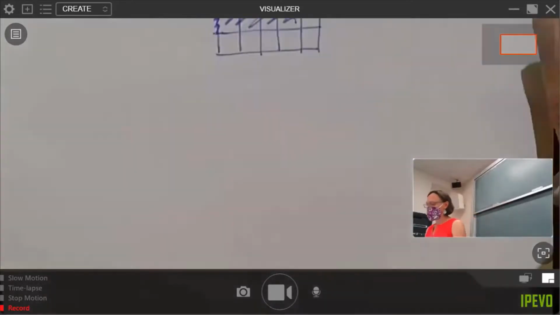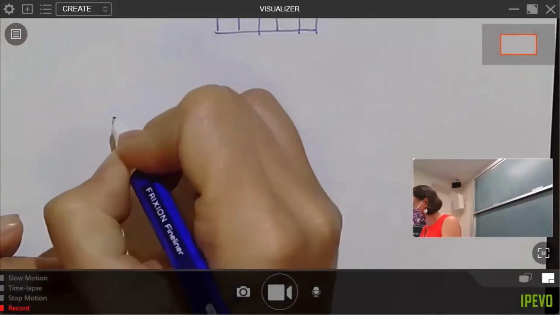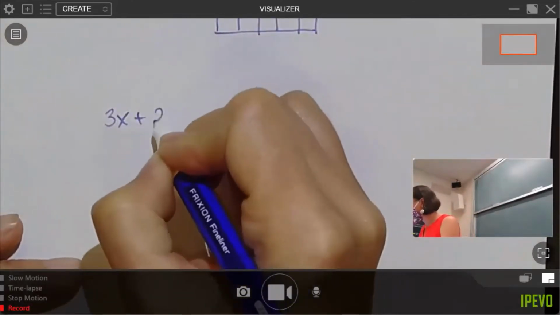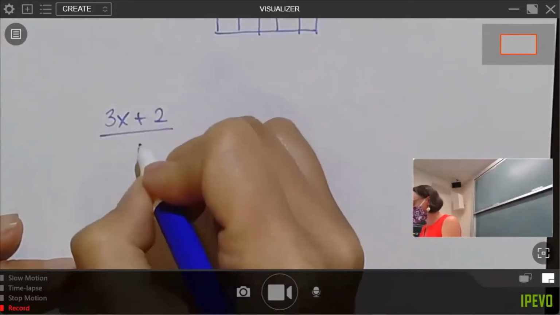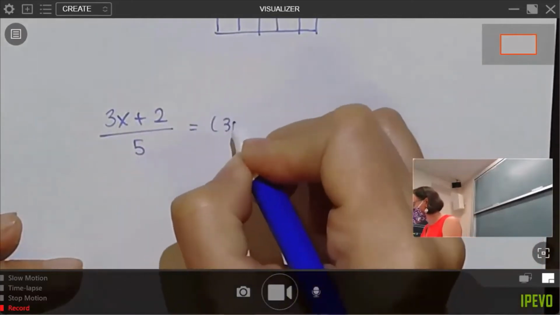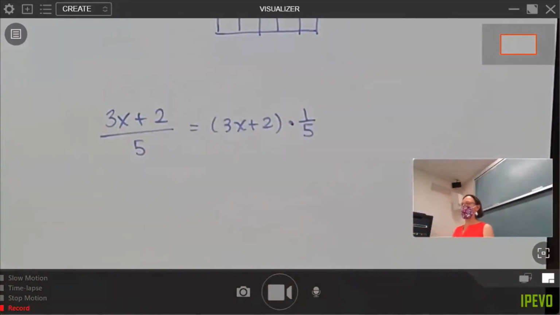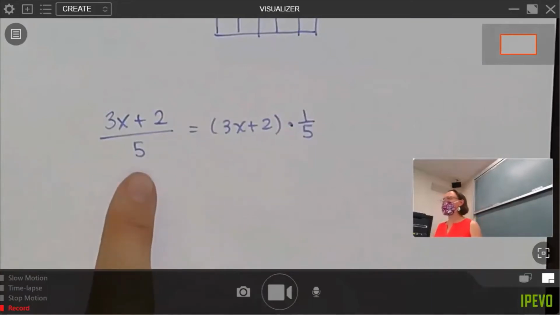So it even works if, let's say that I had 3x plus 2 divided by 5. I can think about this as saying 3x plus 2 times 1/5. So it's actually a really handy tool to have at our disposal that anytime I'm dividing by a whole number, I can switch that to being multiplying by the fraction 1 over the thing.